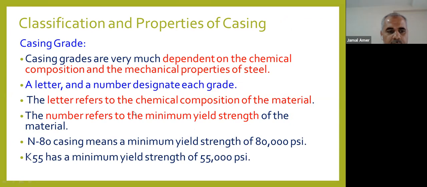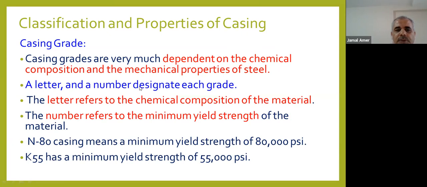So the casing we use in this area should be different, because it's costly. We cannot use casing specified for sour areas in sweet areas, where we don't have H2S or CO2, because the cost of well construction will be increased.